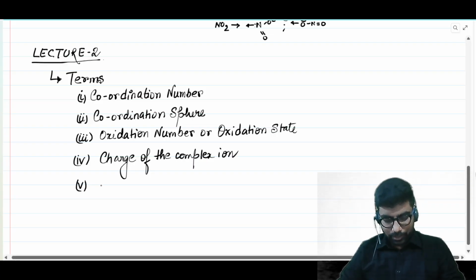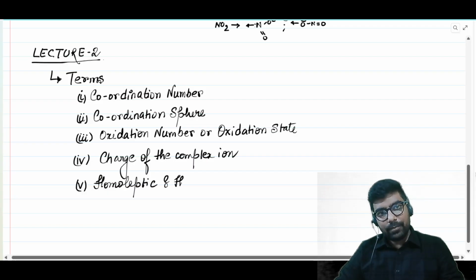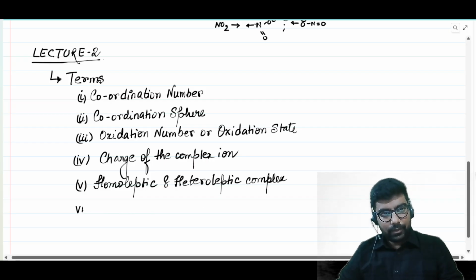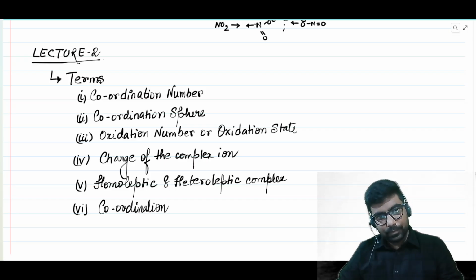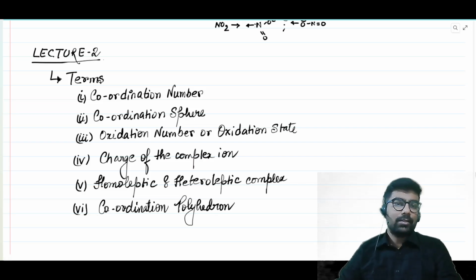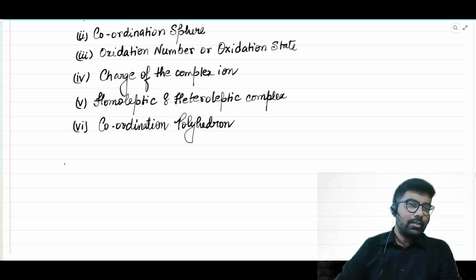Then we have to find out what are homoleptic and heteroleptic complexes. And then we will move on to something called coordination polyhedron. Then after completing this, I will give you a list of ligands.